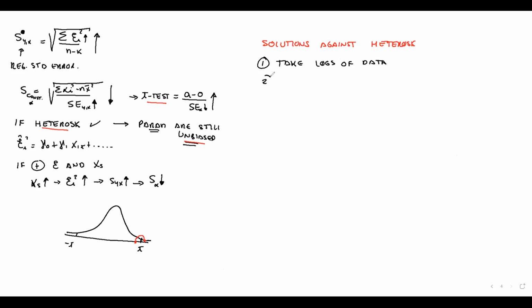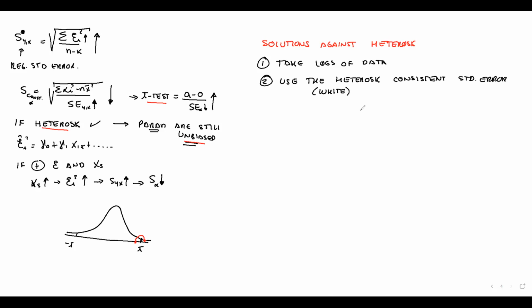Okay, the other solution, guys, is to use the heteroskedasticity consistent standard errors. This is what is called also White.